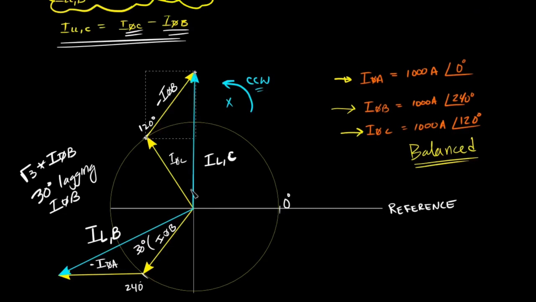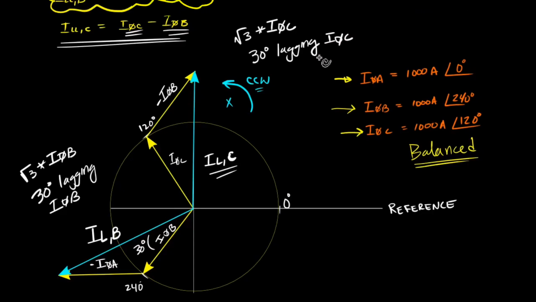Now our resultant vector equals phase current C minus phase current B, right? Comparing it to phase current C, our resultant vector, which is our line current C, is the square root of 3 times larger than phase current C, and it also has a 30 degrees phase shift compared to phase current C. All right, you see that?